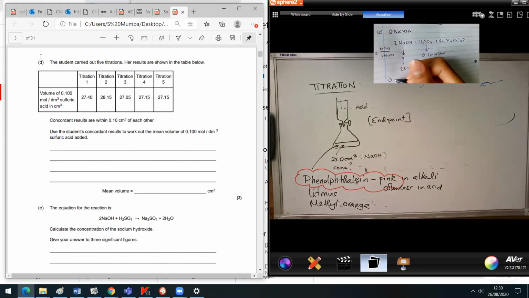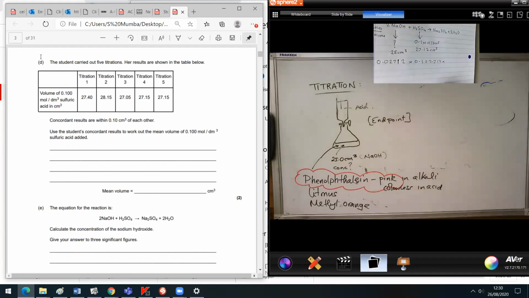So 0.02712, good, well done, times by 0.1 gives you 2.712 times 10 to the minus 3. Looking good. So that is your moles.